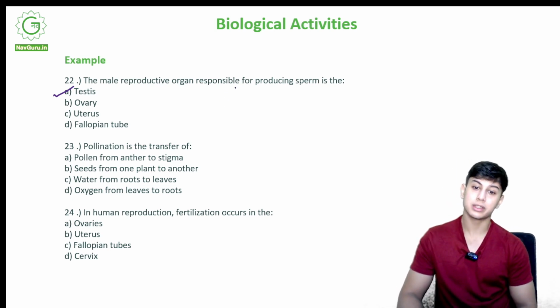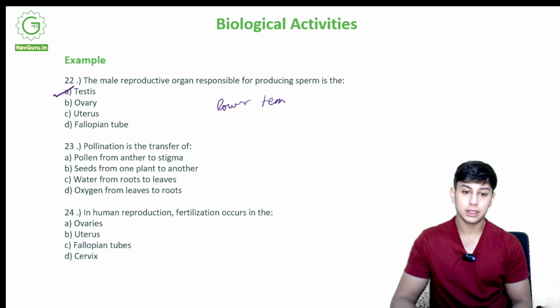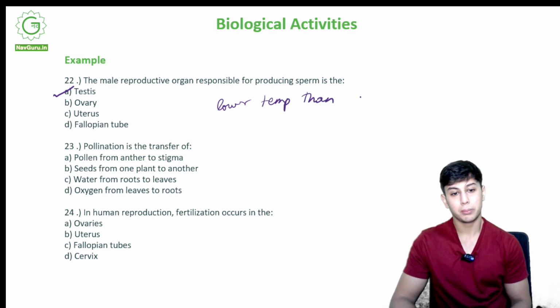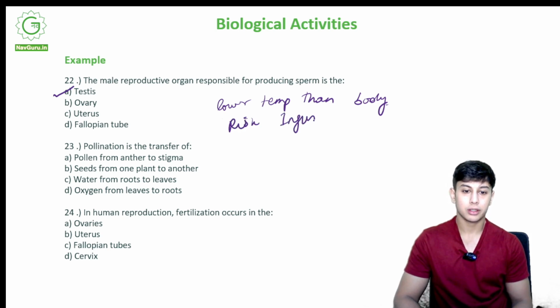They are located outside because to produce sperm, they require a lower temperature than the body. But it also places them at a place of risk of getting injured.